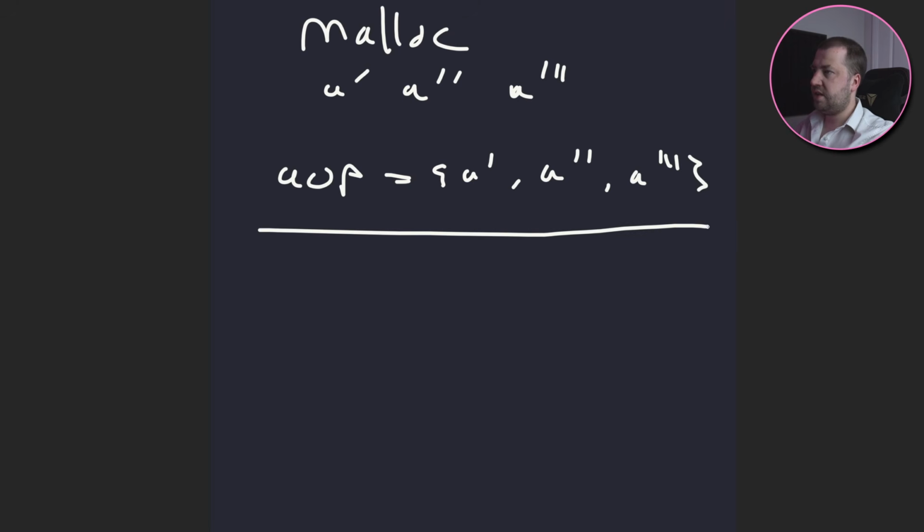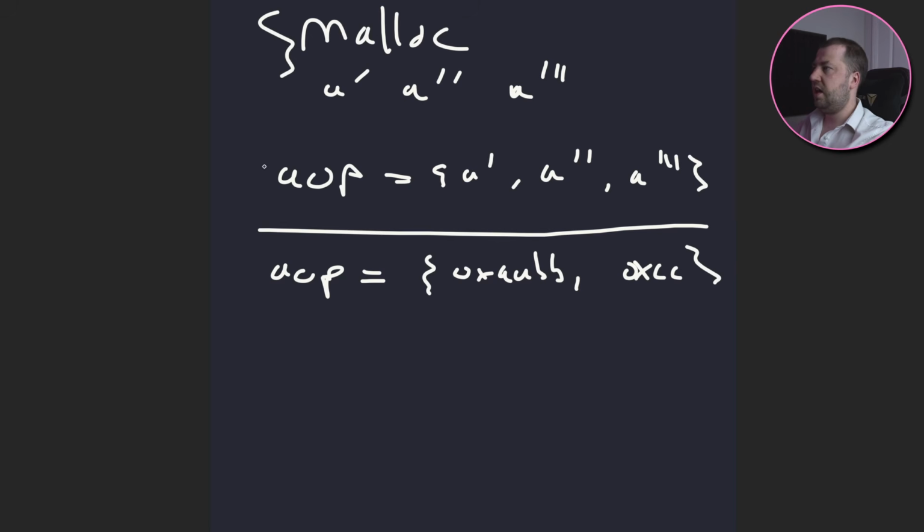And then in a second iteration, they make AOP equal to some random values, so I don't know, 0xAABB, 0xCC, whatever. Something that's not a pointer, right? So they generate these unique addresses, and in one instance create an array of pointers to these addresses, and in another instance they create an array of random data.